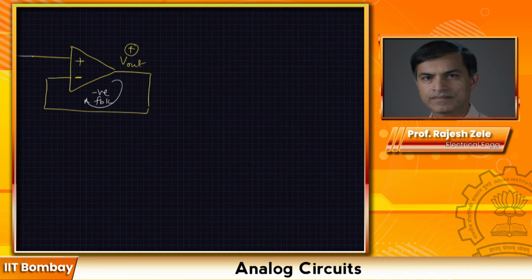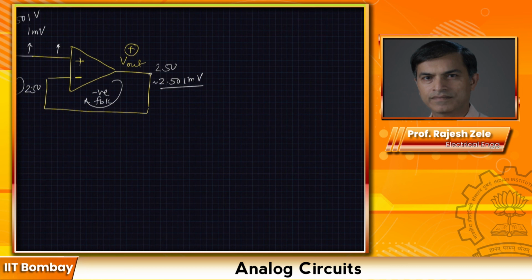So in this particular case, what will happen? Let's take an example. Let's say this is 2.5 volts and output is also 2.5 volts, so that there is no difference between the two terminals. Now if V out goes positive, let's say this goes up by 1 millivolt, so this becomes 2.501 volts. Here the positive input is going positive, which means the output will also follow, and this will also become approximately 2.501 volts.